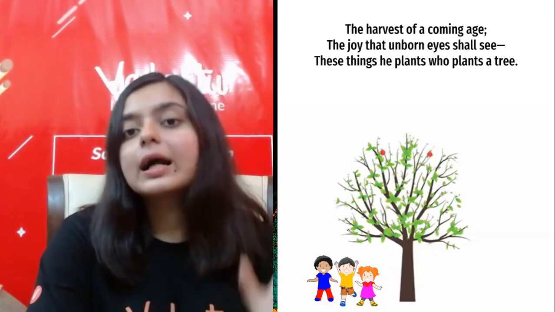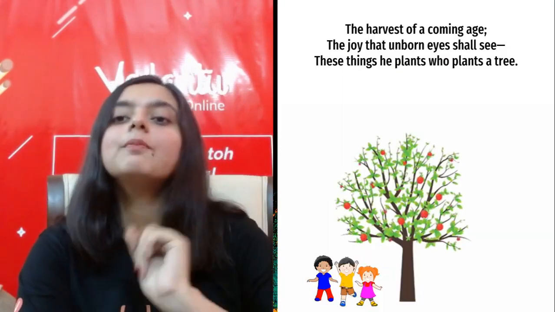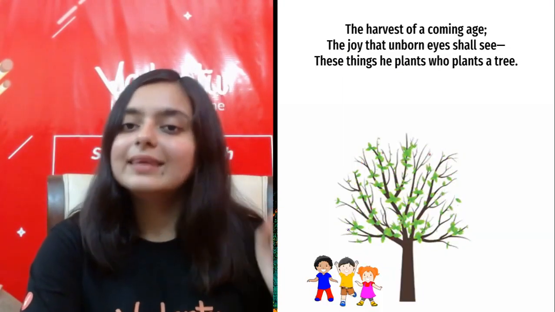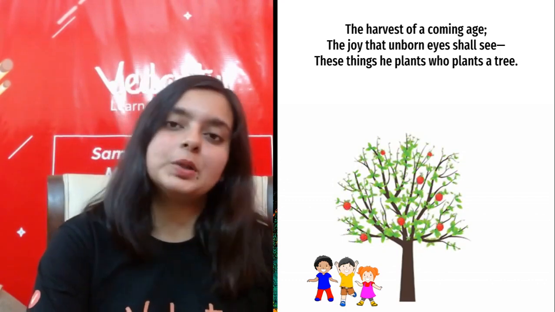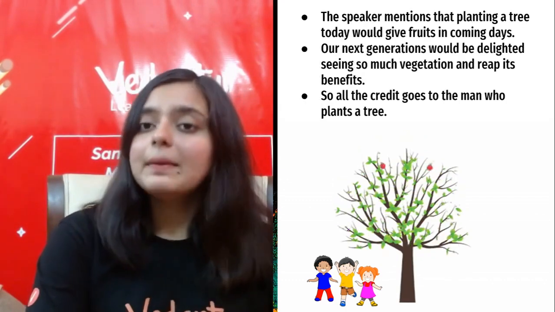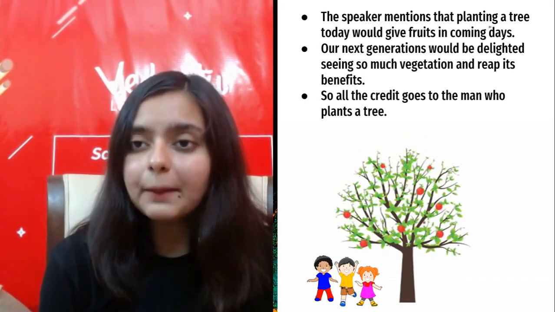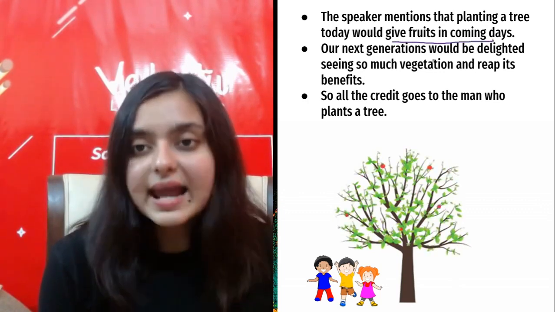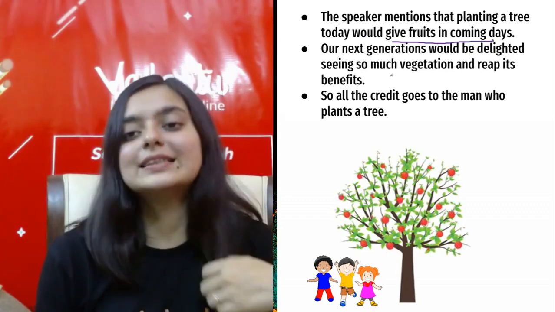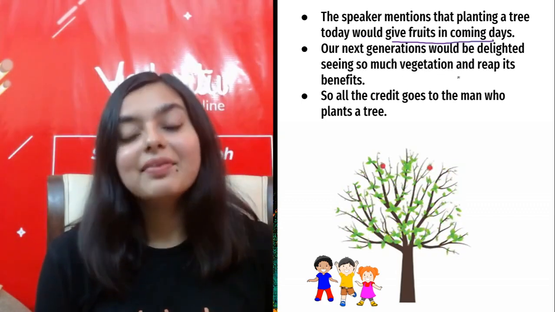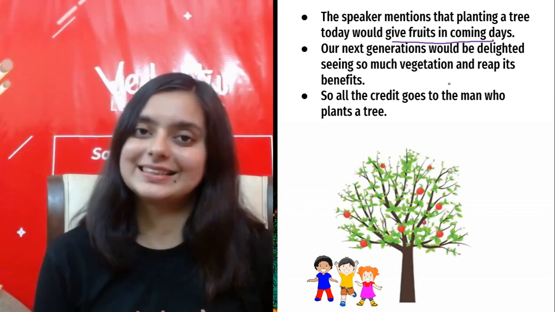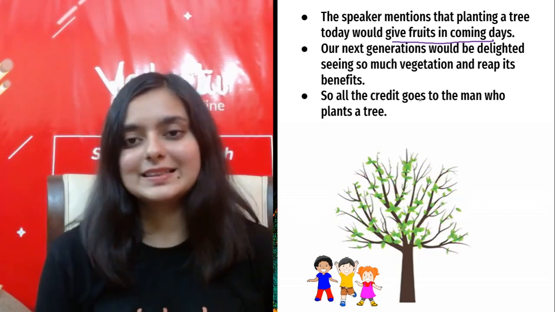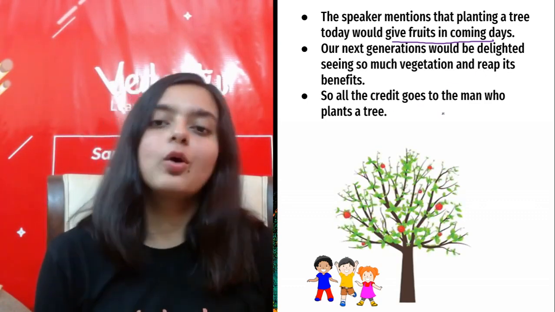The harvest of a coming age, the joy that unborn eyes shall see, these things he plants, who plants a tree. So, harvest of a coming age. So, planting a tree today would give fruits in coming days. Our next generation would be delighted seeing so much vegetation, and they would also reap the benefits, right? So all the credit goes to the man.